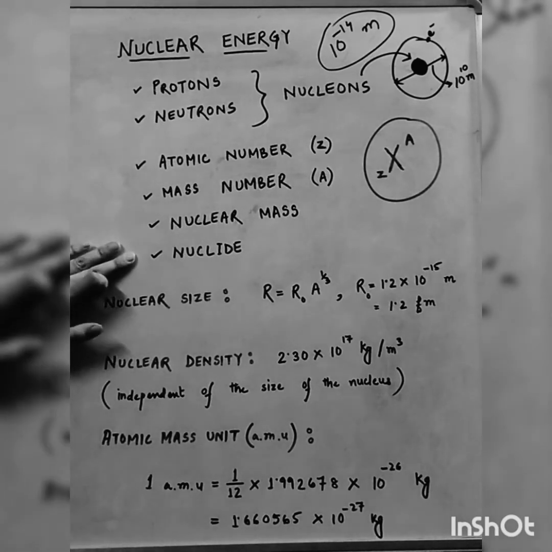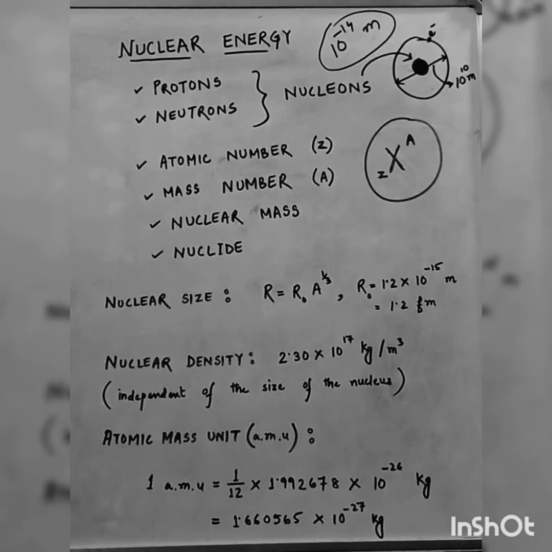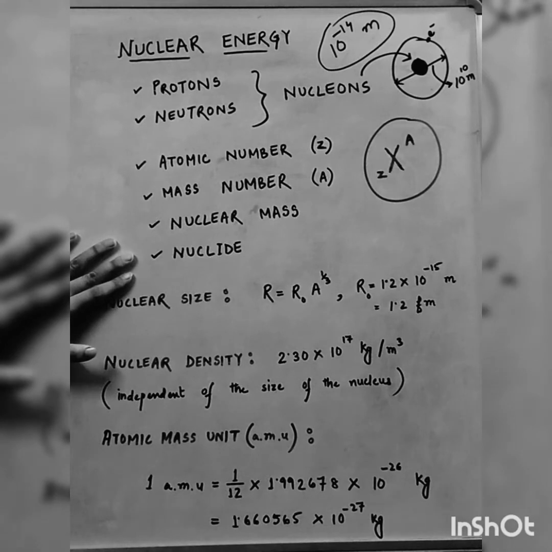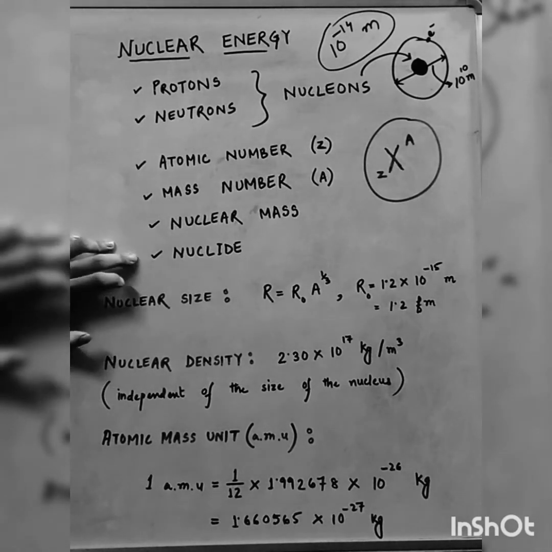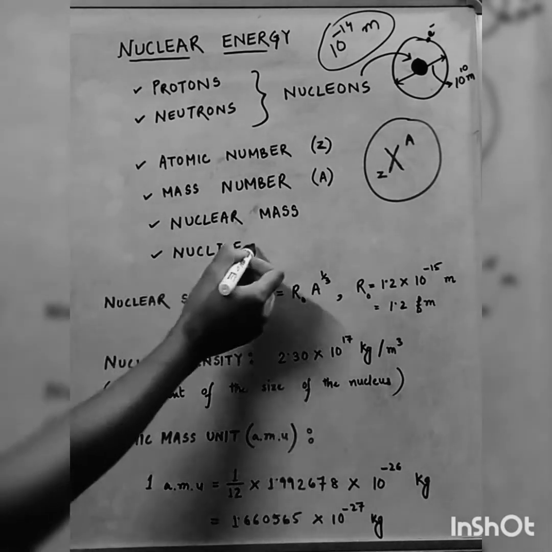Okay, and the last thing is nuclide. A nuclide is a specific nucleus of an atom which is characterized by its atomic number Z and mass number A. Suppose you take an atom, it has a specific nucleus, and if you want to describe that nucleus along with its atomic and mass number, then you will write it like this.